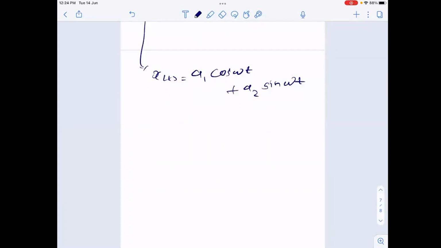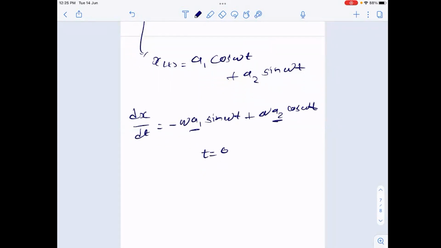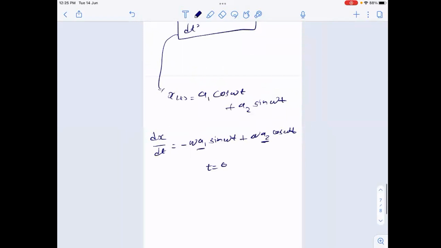If we differentiate it, dx by dt leads us to minus omega a1 sine omega t plus omega a2 cos omega t. We can determine these constants a1 and a2. How do we do that? Simply put the condition at t is equal to 0. You will find that a1 is nothing but x at t is equal to 0, x0.